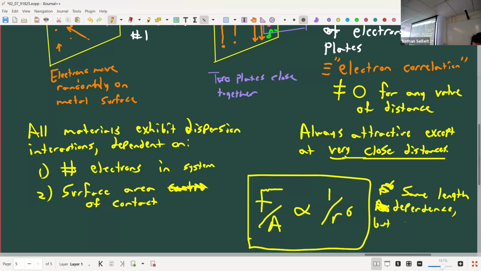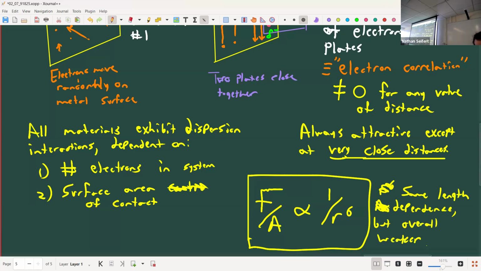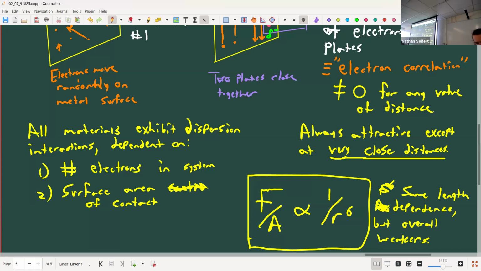But overall weaker. You can think of it like this: if you think about interactions as waves, and you have two objects at the same distance creating waves between each other, the waves are attractive. The frequency of the waves is the same regardless of whether it's an induced dipole interaction or a van der Waals interaction. However, the amplitude of the waves is different.